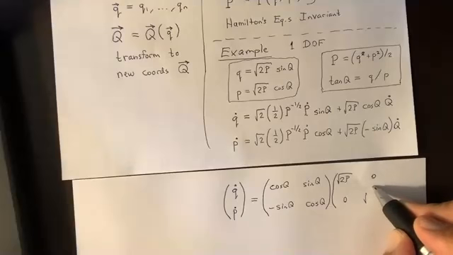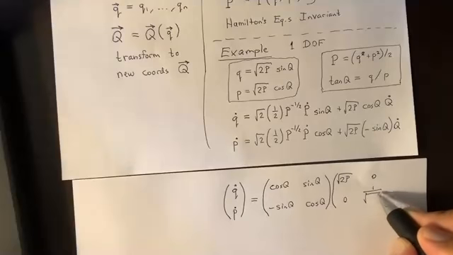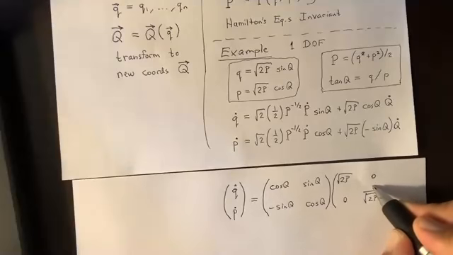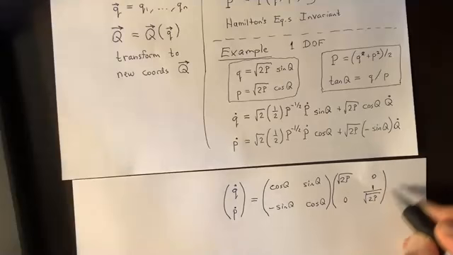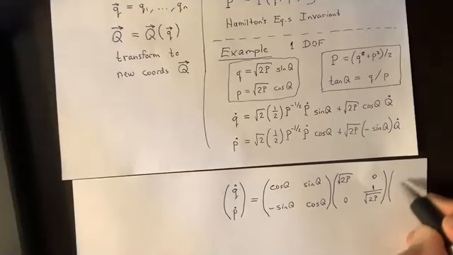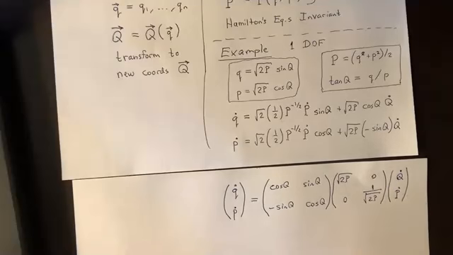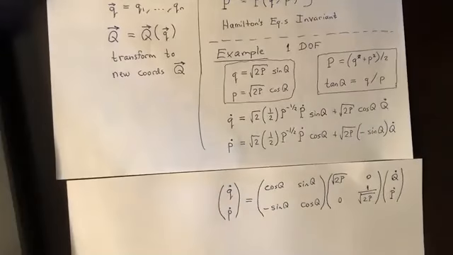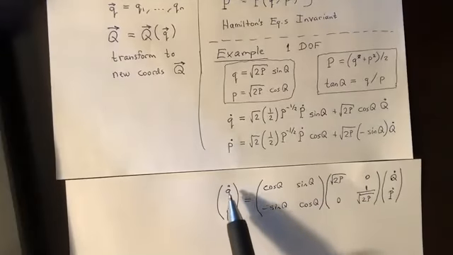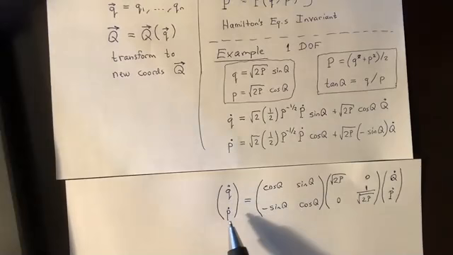Uh-huh. 1 over square root of 2P. Okay. So now we have worked out the relationship between the lowercase q dot and p dot and the capital Q dot and P dot. Okay.